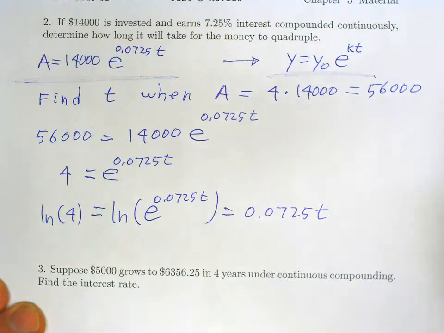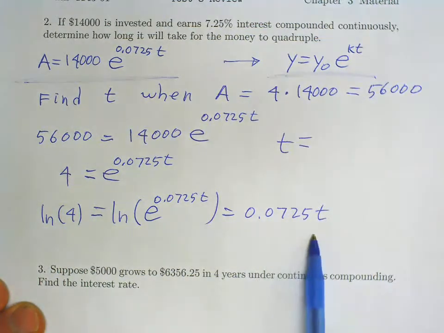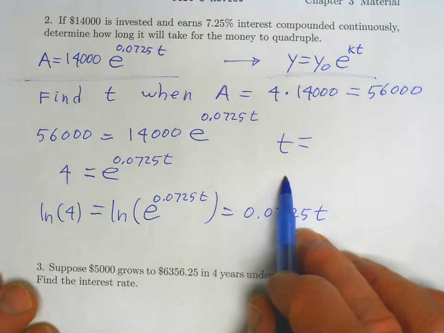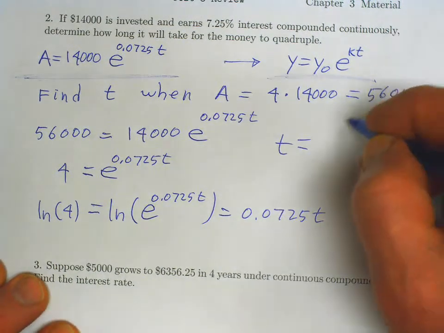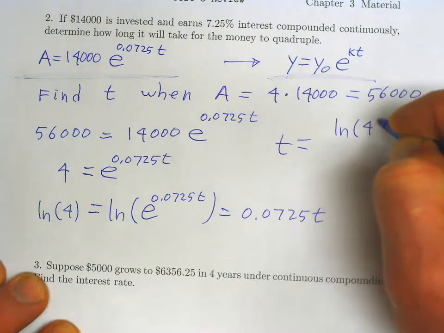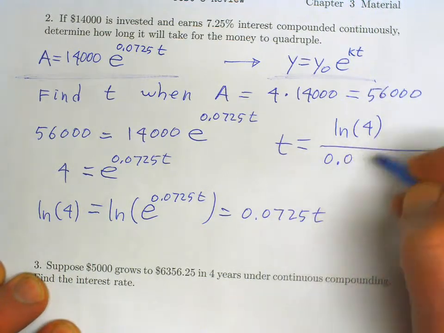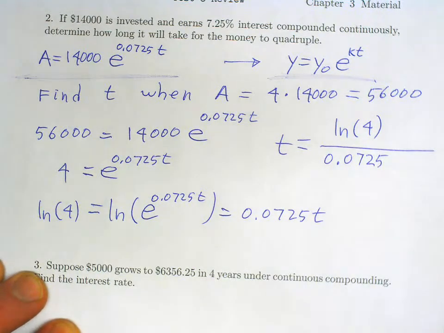And so the answer, divide both sides by 0.0725: the amount of time it takes for the amount to quadruple is the natural log of 4 divided by the annual interest rate in decimal form, 0.0725.